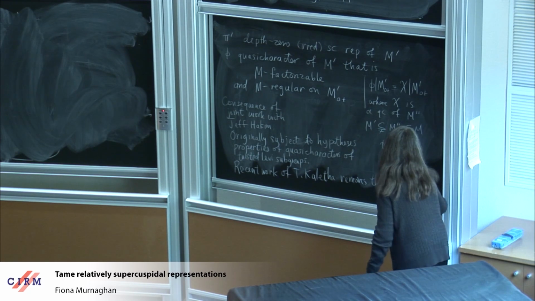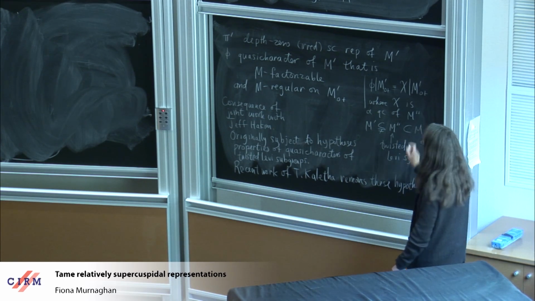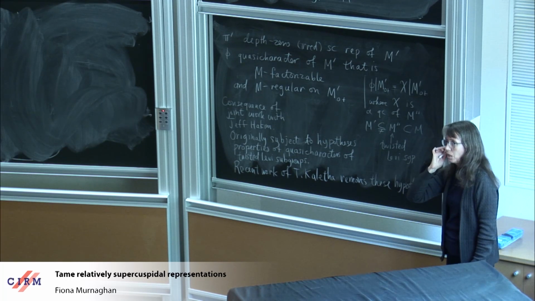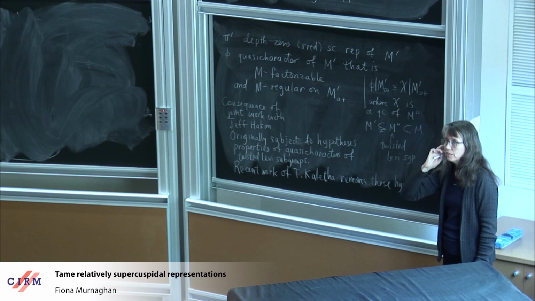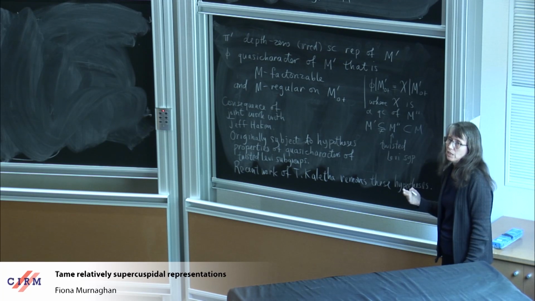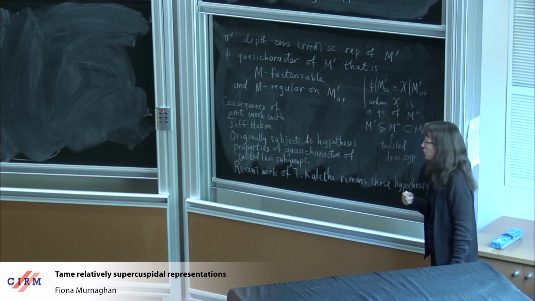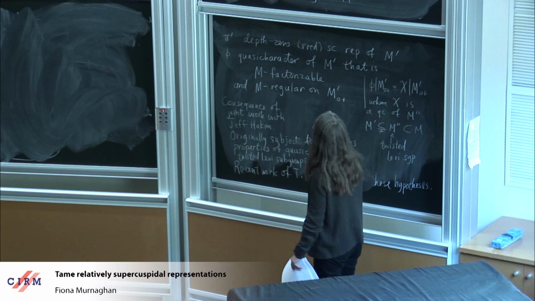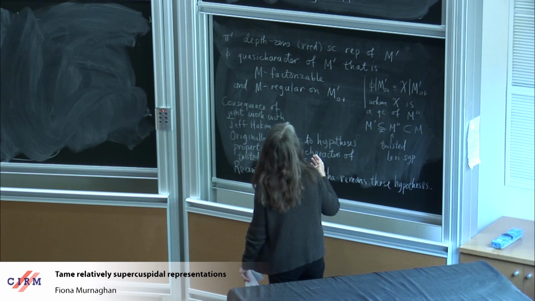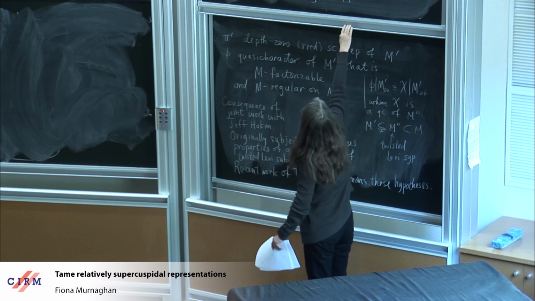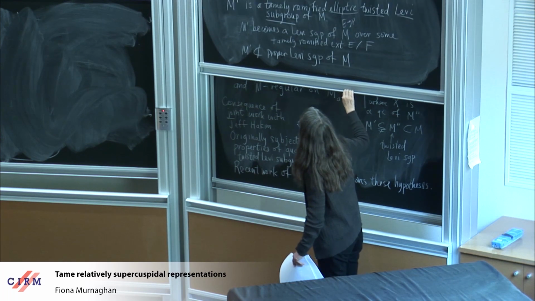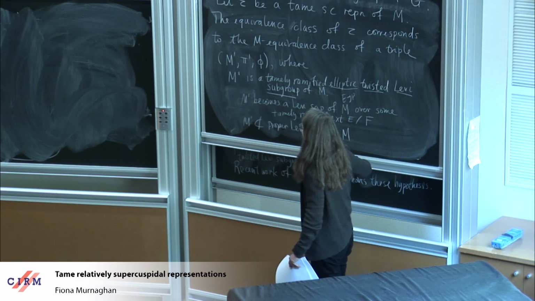Okay, so this is just some background on equivalence classes of tame supercuspidals, but I'm stating it relative to the Levi subgroup because I'm going to use it on the Levi subgroup. The equivalence relation is the obvious one. It's basically conjugation.